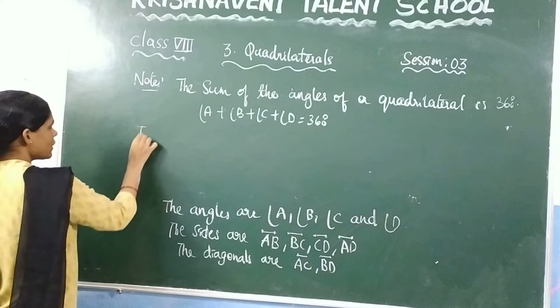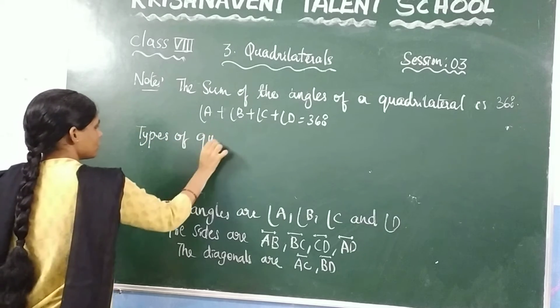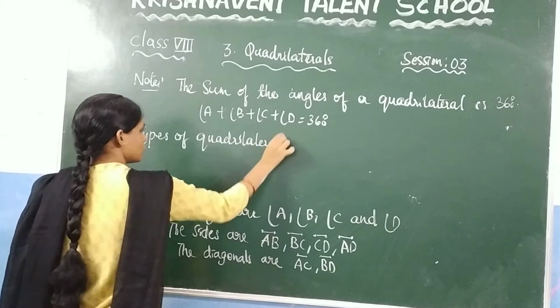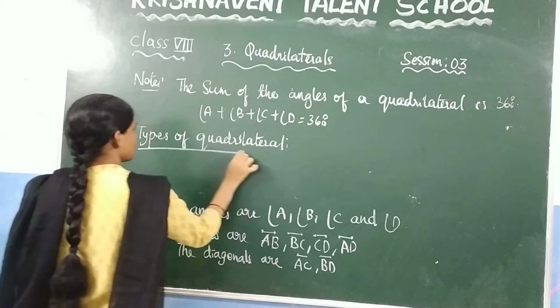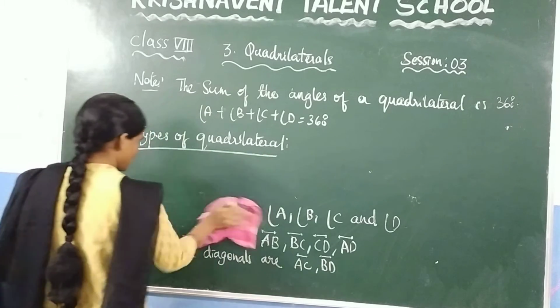And after that, we have discussed the types of the quadrilateral. What are those? Write it here: the types of the quadrilateral. So the first one is the trapezium.